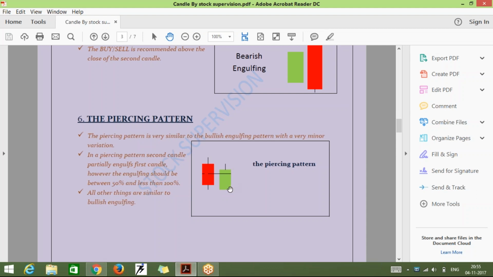Again, the stop loss is the open of the candle in the piercing pattern. Confirmation can be seen if the next candle trades above the close of this candle. Sorry, it's not that it should open above this candle, but it should trade above this candle.